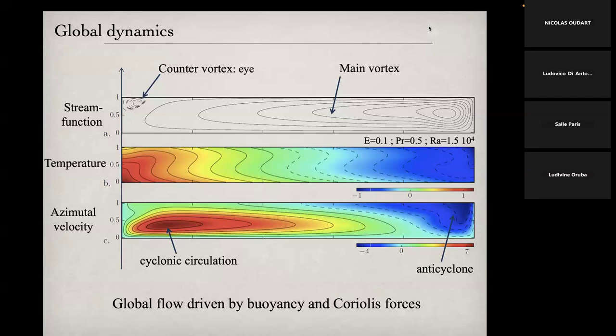This picture is actually similar to what happens in real tropical cyclones, because in real tropical cyclones, you have the cyclonic circulation in the lower troposphere, which is surrounded by an anticyclone of larger scale. So this picture shows that the global flow is mainly driven by buoyancy and affected by the Coriolis force.